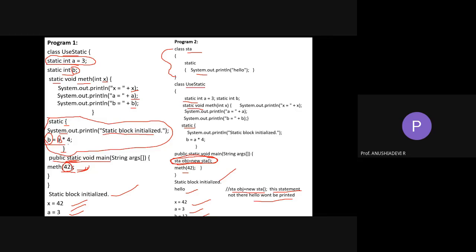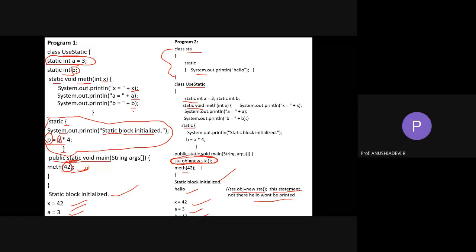So before the main function, the static block is executed first. Because of that, the B value was changed. Now B value has become 12. 3 into 4, 12. So that's why after that, when I call the method, B value 12 is printed. Got it, Appa?